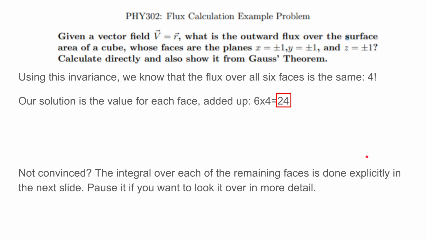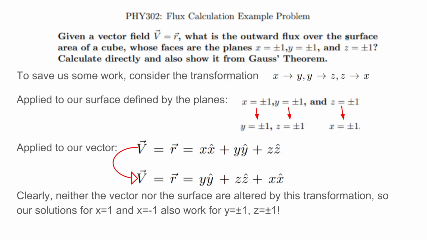The same thing is true of our position vector v, so x times x hat goes to y times y hat, etc. The entire surface and the entire vector are both invariant under this transformation, so there's symmetry we can use.